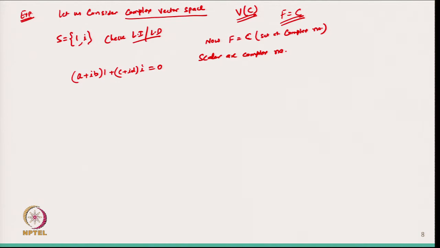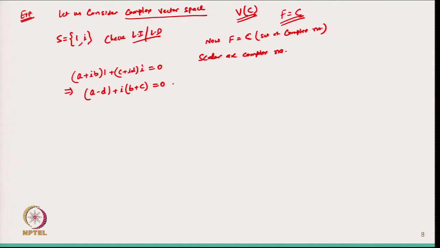So, this is my linear combination, and from here I can collect the real and imaginary parts. So, a is real, and if I take i here, it will be minus d. So, it will be a minus d plus i times b plus c, that is going to be 0, and this is the zero complex number.